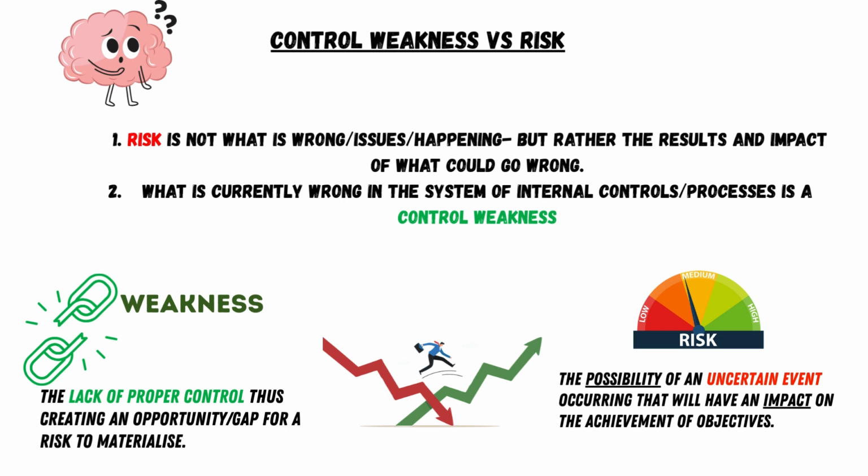What are the issues that you are seeing in that scenario? Those issues of non-compliance or maybe a control that is not well designed, all those things are weaknesses, are gaps, are opportunities that if they are not closed or fixed, will open up that gap or opportunity for things to go wrong, which is what we call a risk.